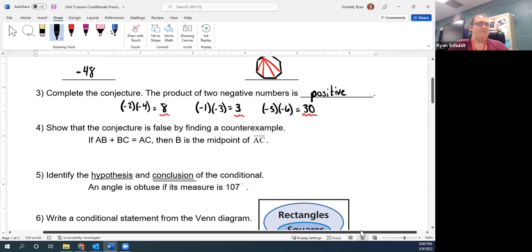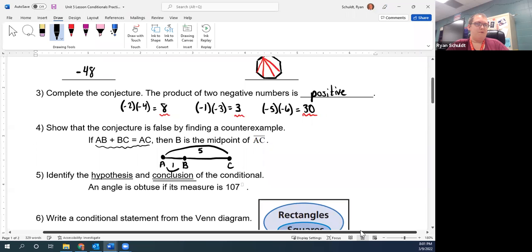Okay, it says if AB plus BC equals AC, then B is the midpoint of AC. Does B have to be the midpoint of AC for this statement to be true? Let's look. Let's draw us a line here. So this is A, B, and C. Let's say the whole thing is going to be 5.